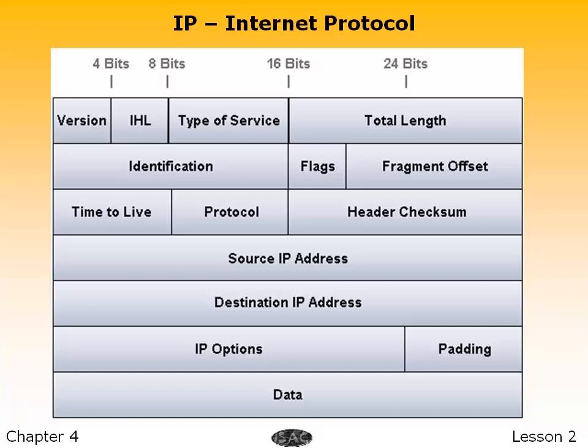The successor to IPv4 is IPv6. Its most prominent modification from version 4 is the addressing system. IPv4 uses 32-bit addresses, while IPv6 uses 128-bit addresses.